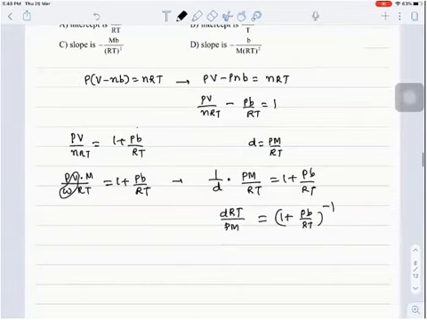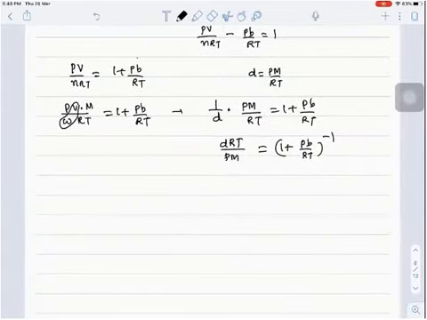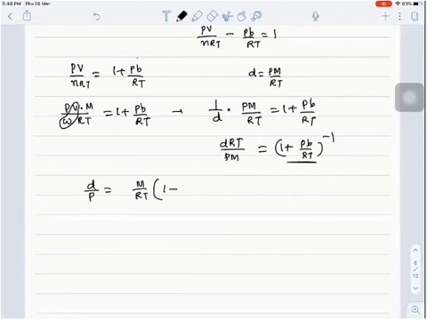Here in this case, we are plotting d/P. So if you write d/P, that becomes M/RT times (1 + PB/RT)^-1. On expanding, neglecting the higher terms, we'll get 1 − PB/RT. So this is equal to M/RT − P(MB/(RT)^2).